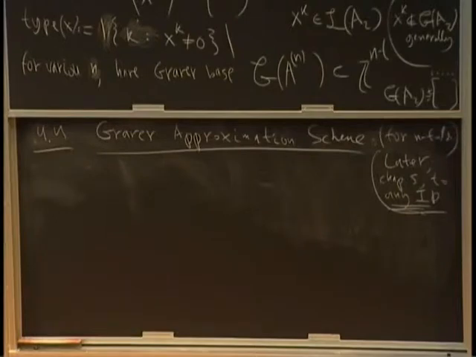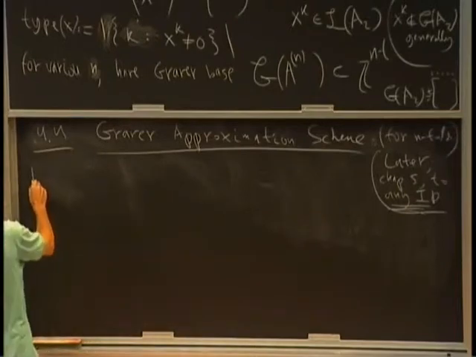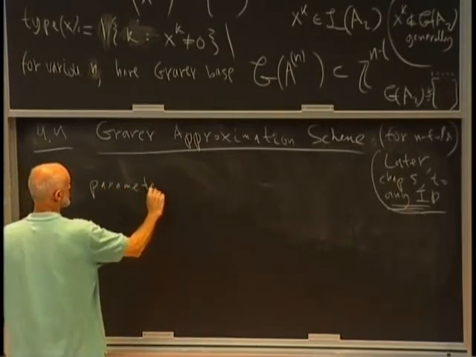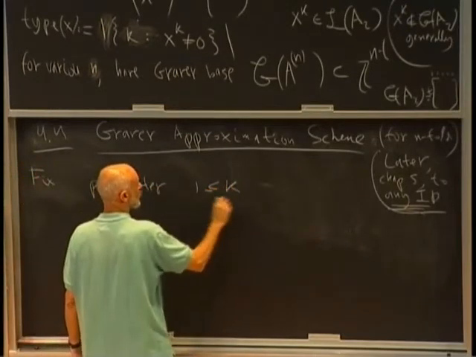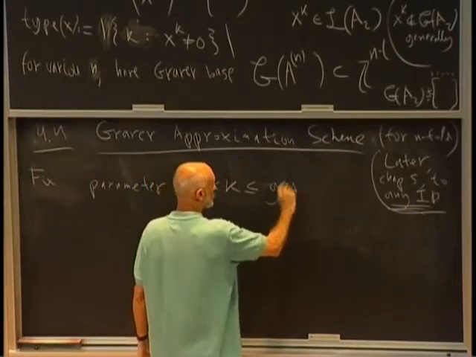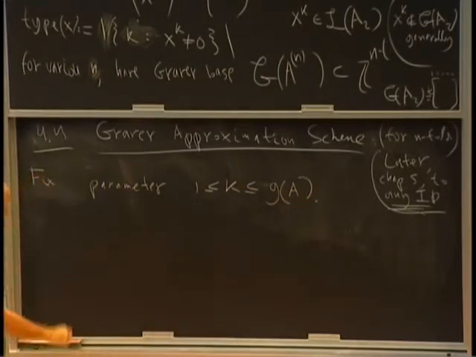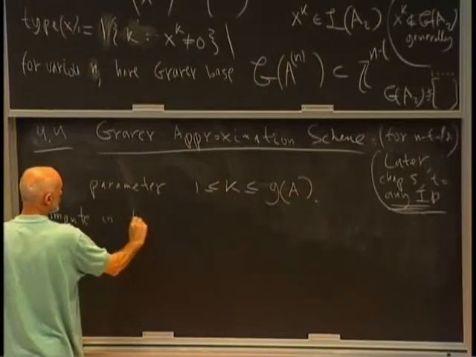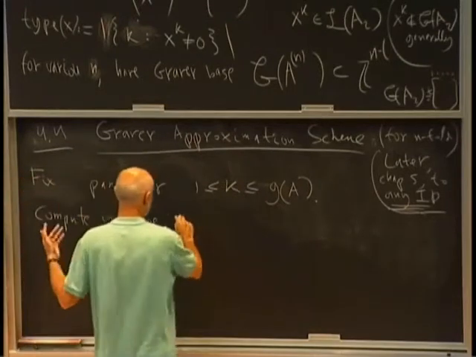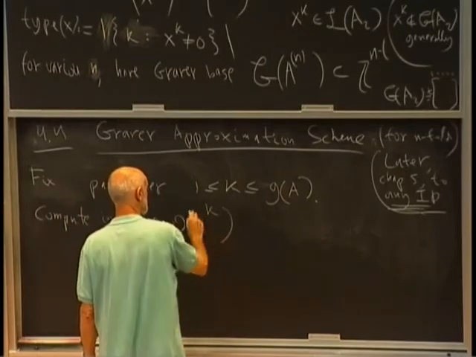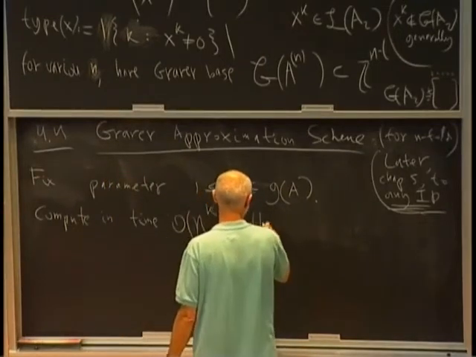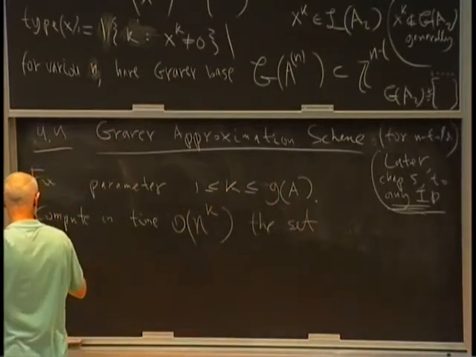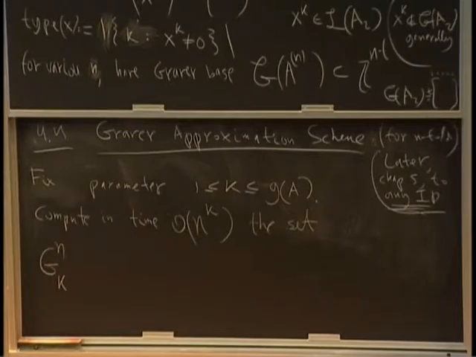So let's just look. Fix a parameter k, let's say between 1 and g of A, the gradual complexity of your bimatrix. Compute, in time roughly order n to the k, the set, which I defined over there, G_n^k, is it still on the board?